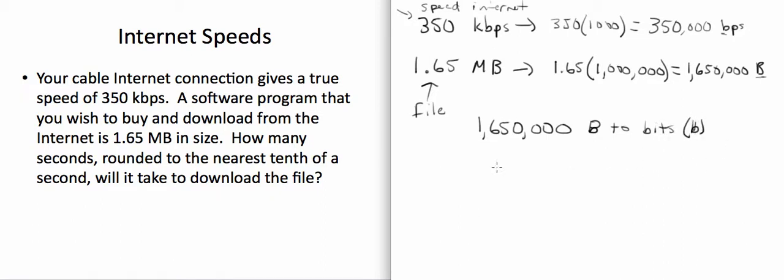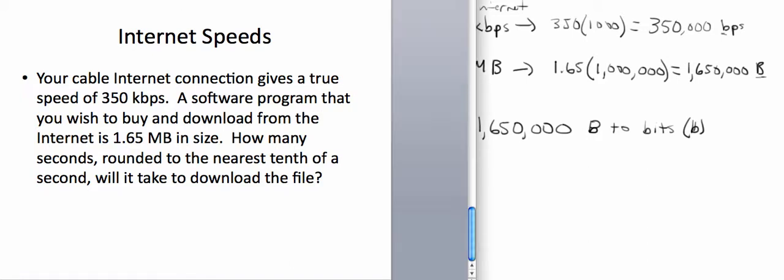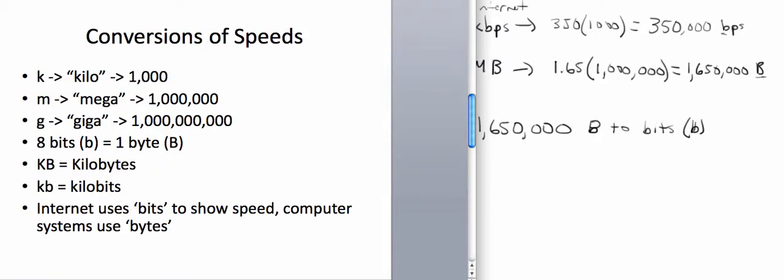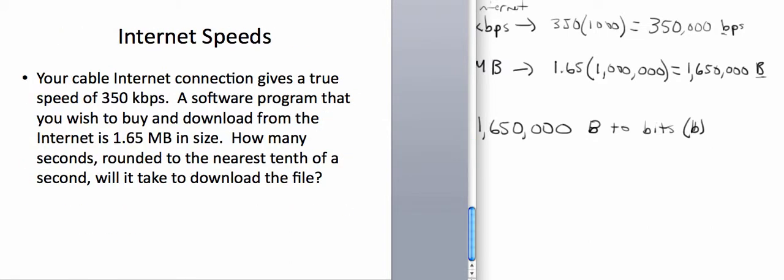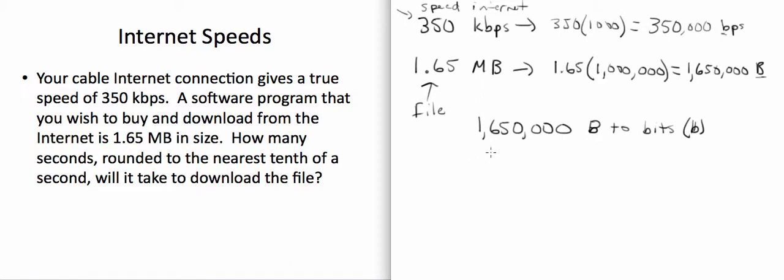And if we remember back to our conversion, it says that 8 bits is equal to 1 byte. So we're going to take 1,650,000 and multiply that by 8, and that gives us an answer of 13,200,000 bits.